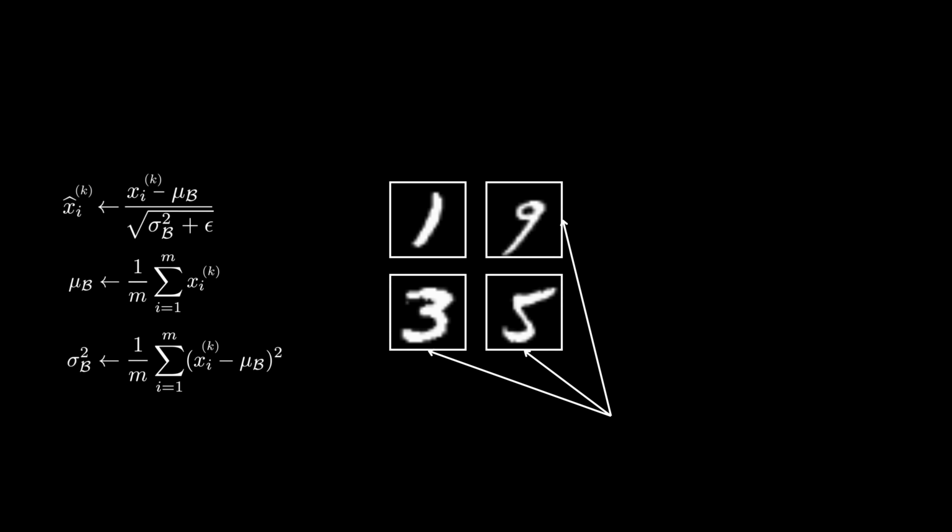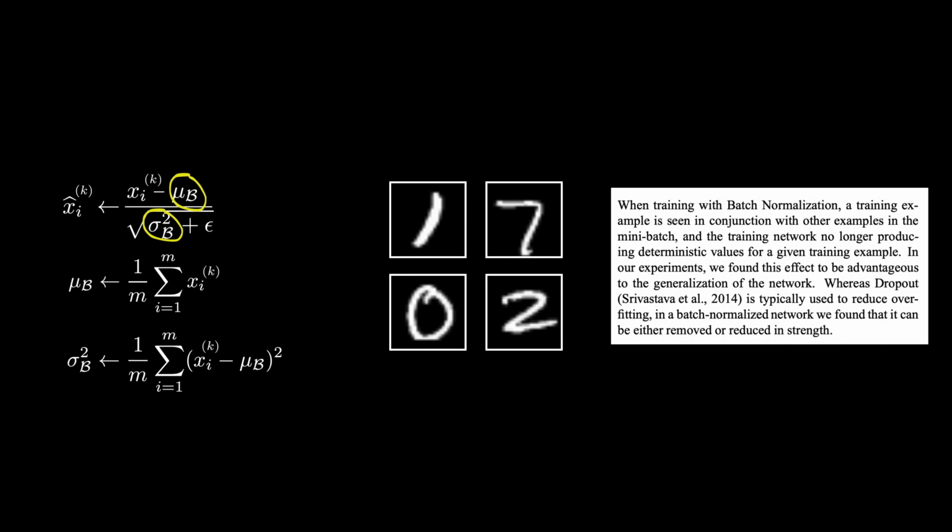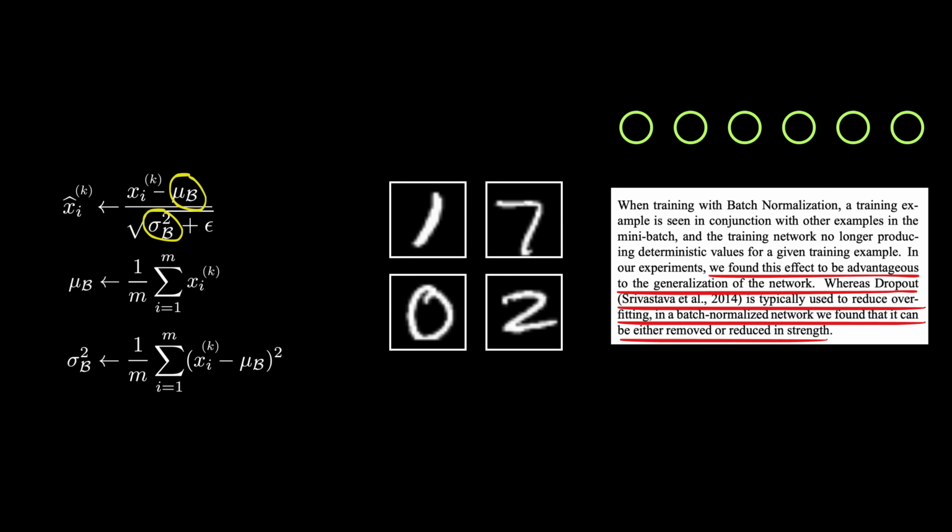During a different training step, rather than these batch items, the same image of 1 could be present with these different images, leading to a different mean and different variance, which means the network would produce slightly different values for the same input. The authors compare this to dropout, where we randomly drop activations by multiplying them by 0.